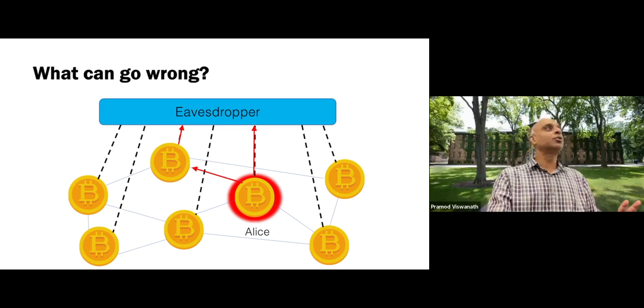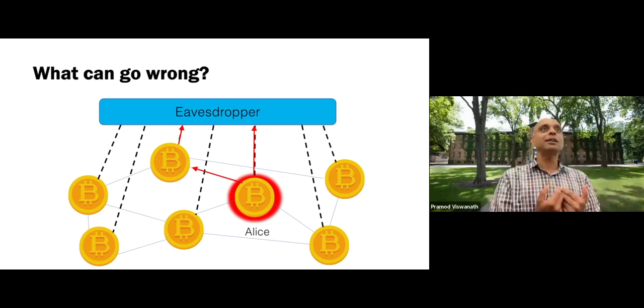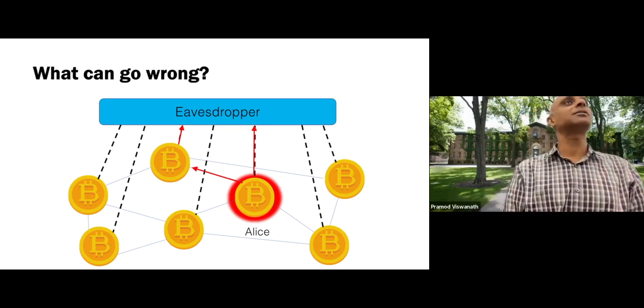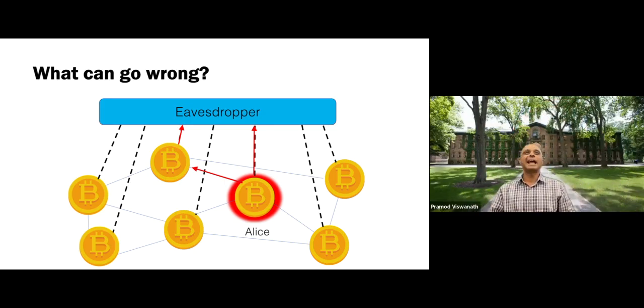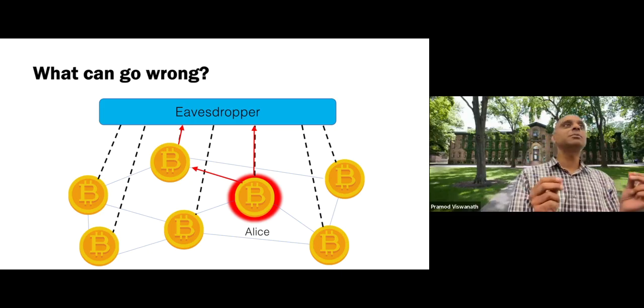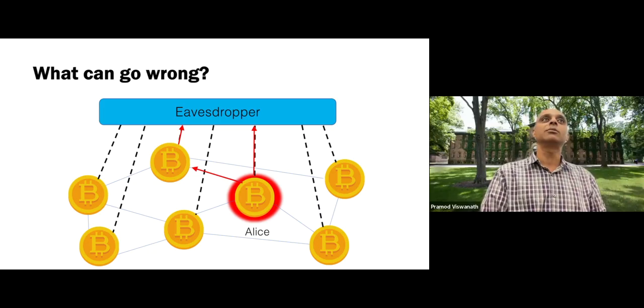In fact, if the eavesdropper is super connected, then the very first node that sends me the packet is very likely to be the source of that transaction. So the eavesdropper has an edge on listening to the network, which means it can try to figure out who the source was.